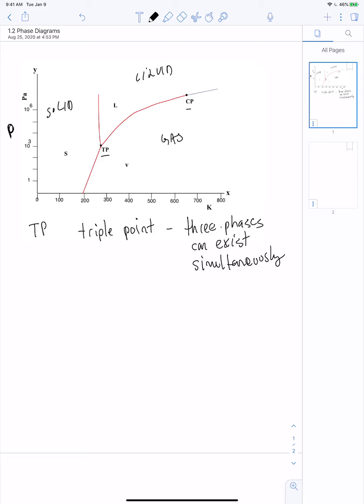So for this particular substance, that's at 1,000 pascals, and it looks like maybe room temperature, 273-ish Kelvin.